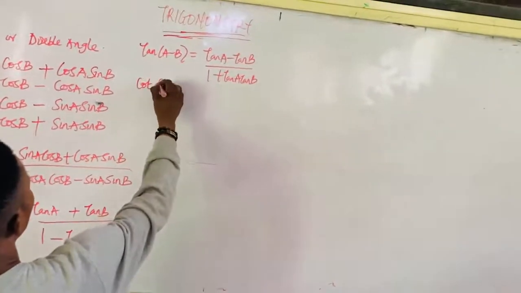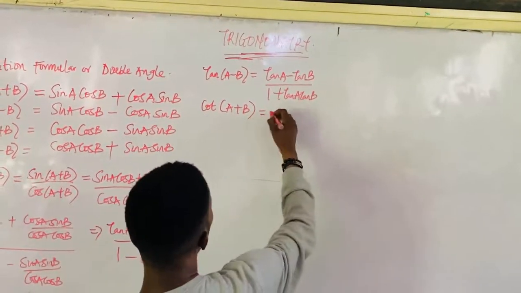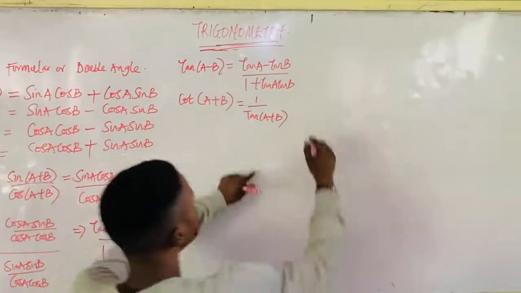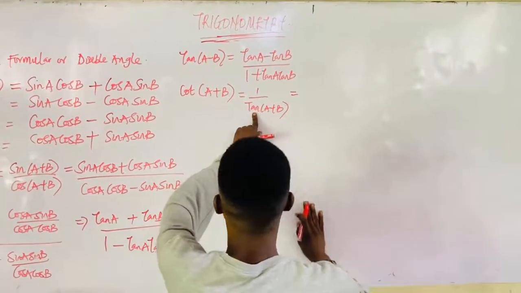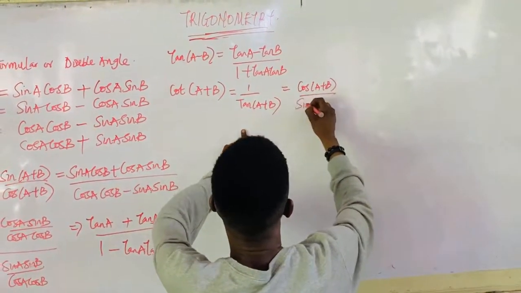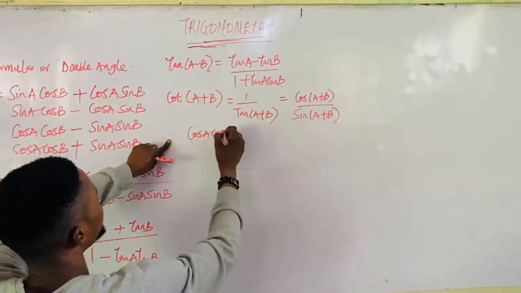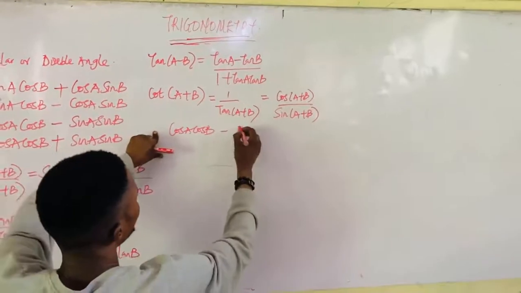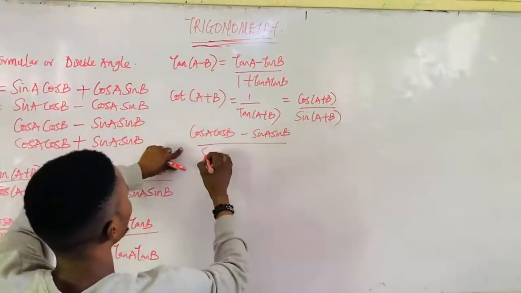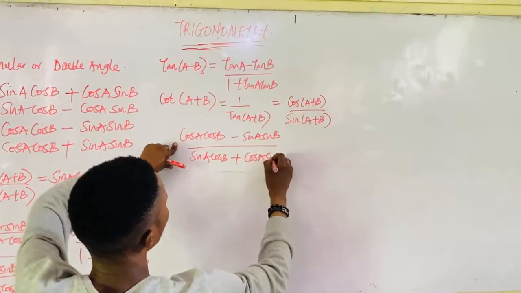Cot A plus B: cot is the same thing as 1 over tan, and tan is sine over cos, so 1 over tan is cos A plus B all over sine A plus B. Now expand: cos A cos B minus sine A sine B, over sine A cos B plus cos A sine B.